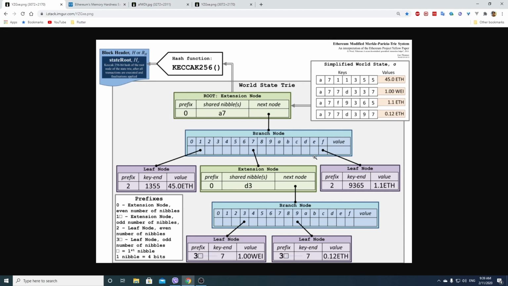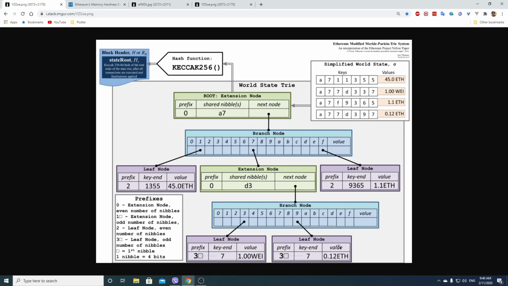But that's the same idea, which means that if you have a value that changes, for example, this guy changes to 015, this leaf node hash changes, which changes the value that's recorded in the branch node, which therefore changes the hash of the branch node itself, which changes the value that's recorded here, which changes the hash of this extension node, and so on and so forth all the way to the top. So changing this value here will change the hash of the root node.